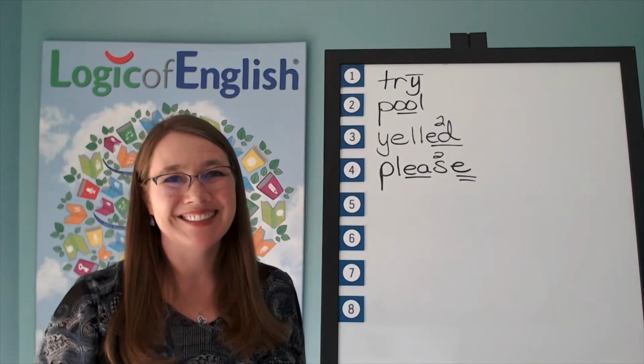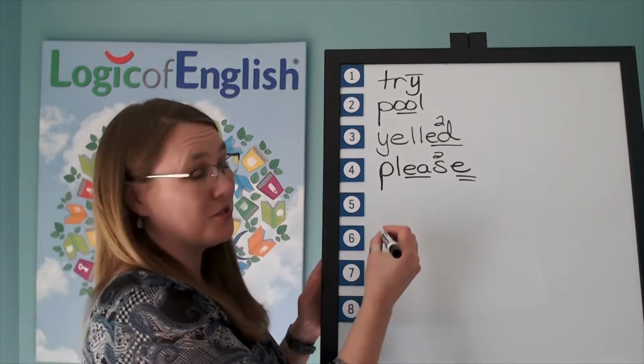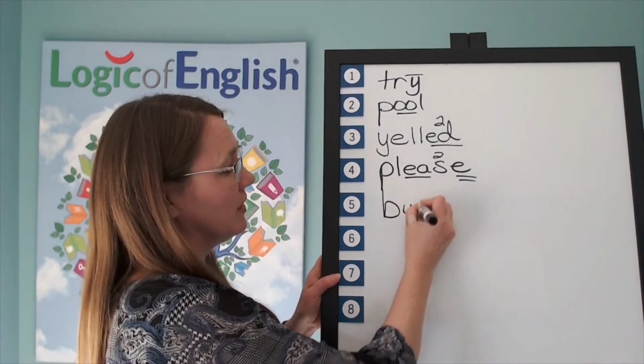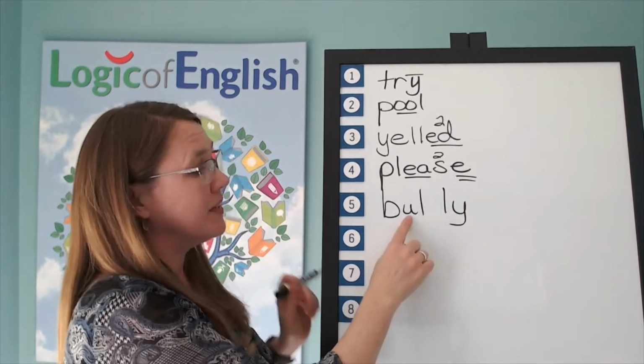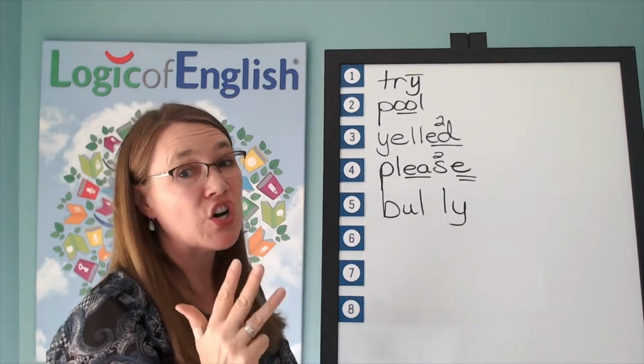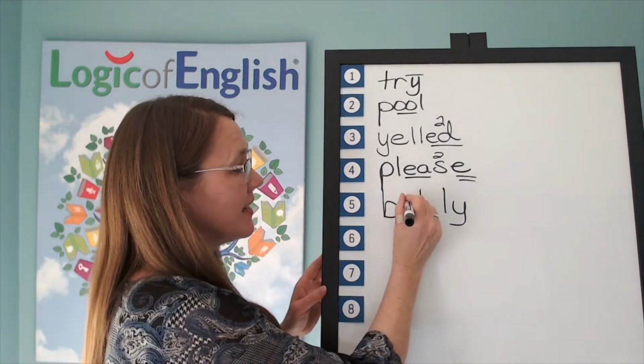You've got it. Good. Now help me to write. The first syllable is bull. B-u-l. The second syllable is ly. What sound of u-u-u do you hear in bull? That's right. It's that fourth sound, the broad sound.